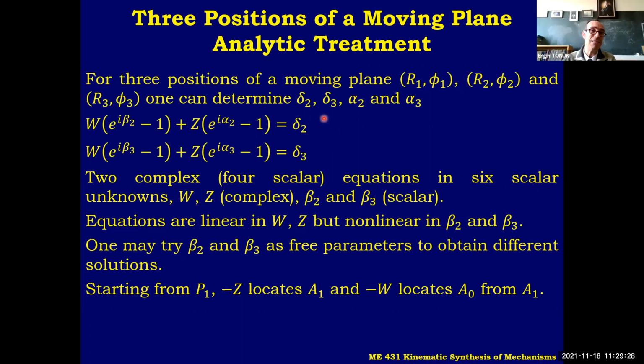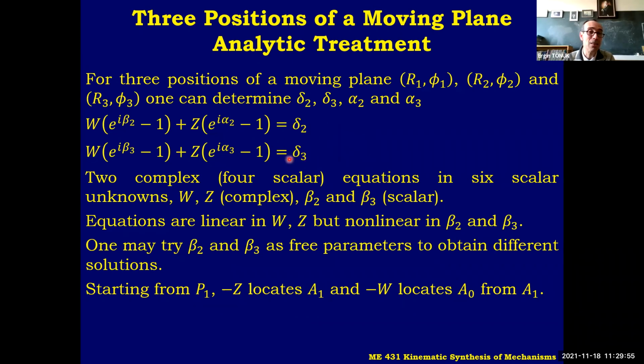But why this is important is when you have the 4th position, can you select any point and those 4 points lie on a circle? The answer is no. So this derivation will be very useful in 4 and 5 position synthesis, as we will see later, but it's applicable to 3 positions and also even 2 positions.